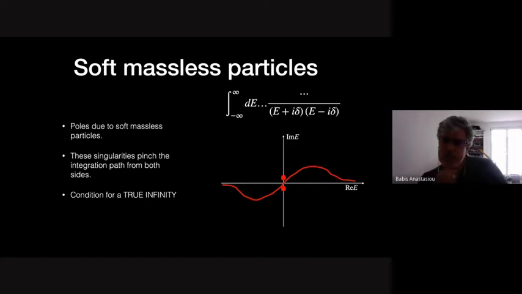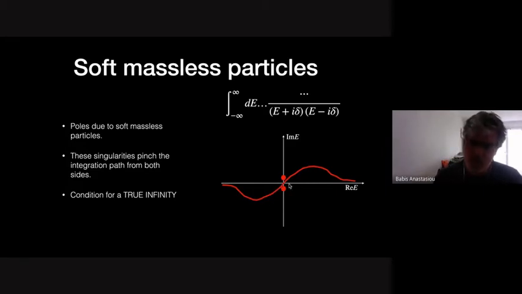One is when a soft particle, a massless particle, is soft. Then the poles align themselves on top of each other, and you are not able to deform the contour away from them without hitting one of them. So this is a true infinity, and we have to subtract it away. This really gives a non-perturbative contribution to the amplitude.